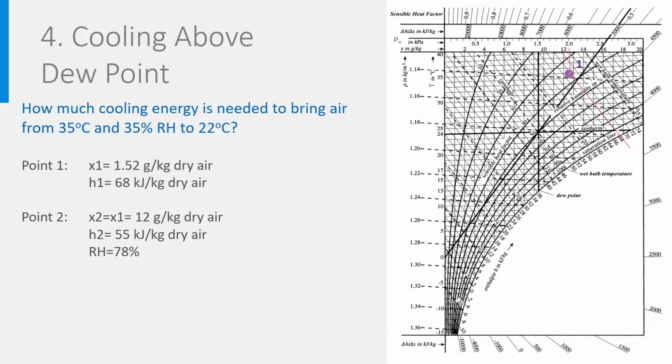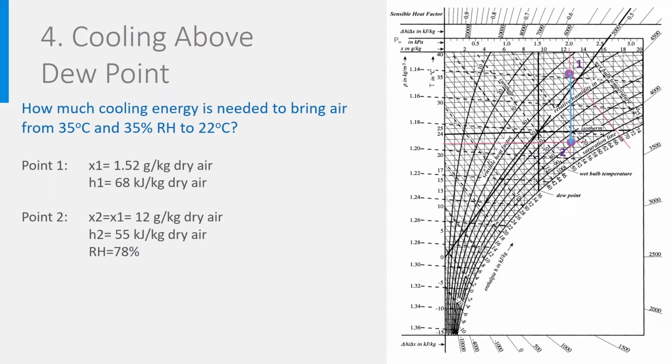So if we want to cool to 22, the final point is at the intersection of the temperature 22 and the line of absolute humidity 12.5, and the process is indicated by the blue line. At that point, the relative humidity is 78% and the enthalpy is 54 kJ per kilogram dry air.